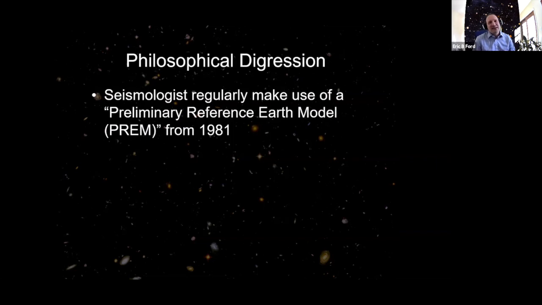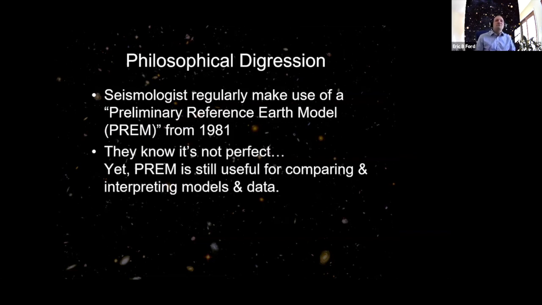Now, obviously, in the last 40 years, they've made substantial progress. But nevertheless, they still find it very valuable to make comparisons to this preliminary Earth reference model, whether it's for interpreting new data or for interpreting their models to understand the deviations from a fairly simple but nevertheless pretty good model.